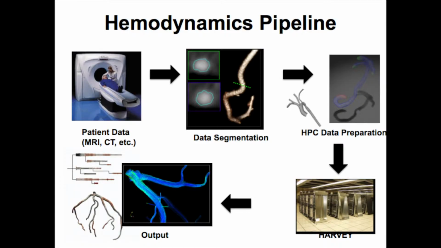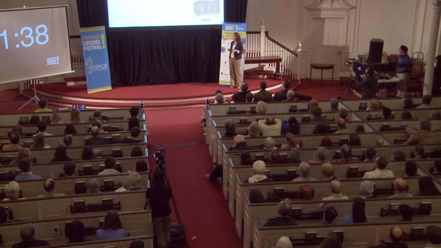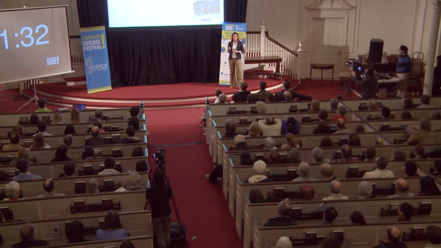Now, the complex geometries involved and the number of red blood cells require large computational power, because you're modeling on the order of 200 to 300 million red blood cells simultaneously just for the coronary arteries themselves, and using billions of fluid points for these grid sections. So we're using some of the biggest supercomputers in the world.